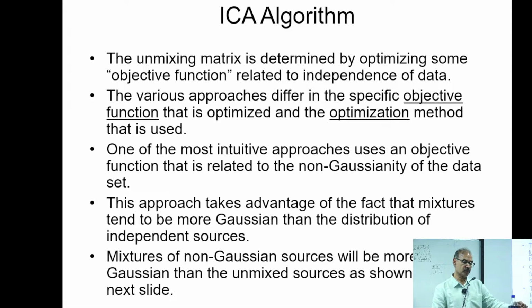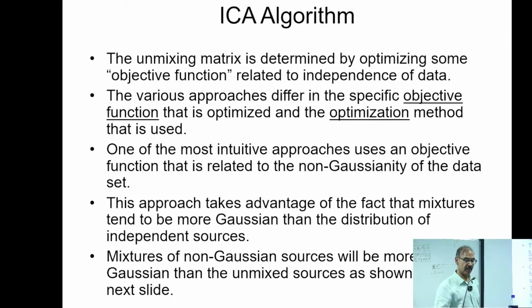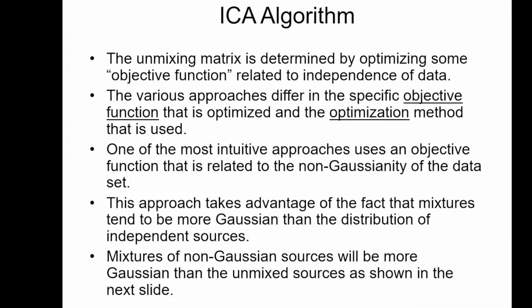One of the most intuitive approaches uses an objective function that is related to the non-Gaussianity of the data set, right? So these algorithms assume that the data is non-Gaussian. This approach takes advantage of the fact that mixtures tend to be more Gaussian than the distribution of the independent sources.